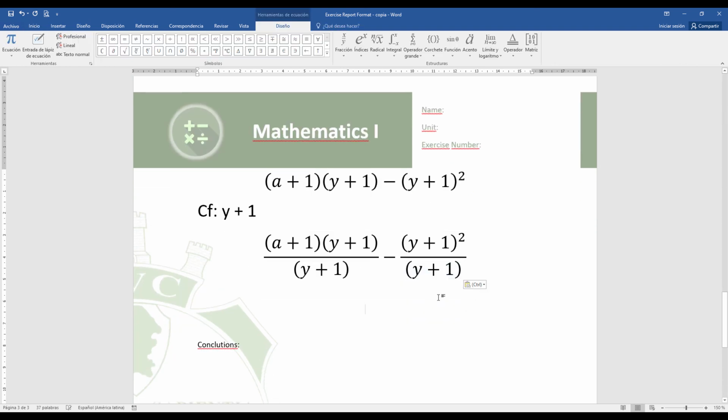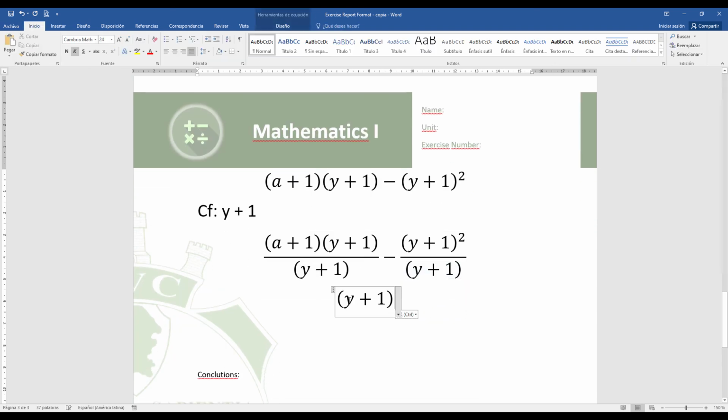Okay, so the result is here. This is a plus 1, a plus 1 minus y plus 1.